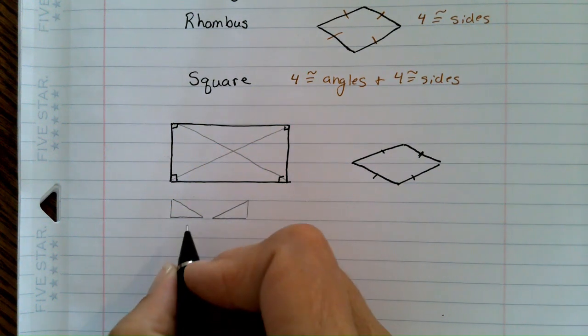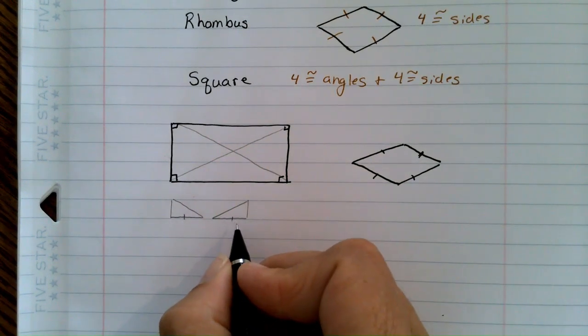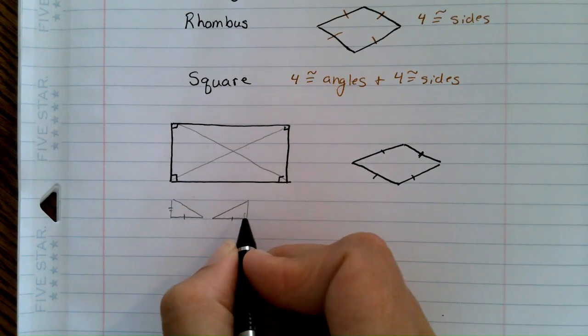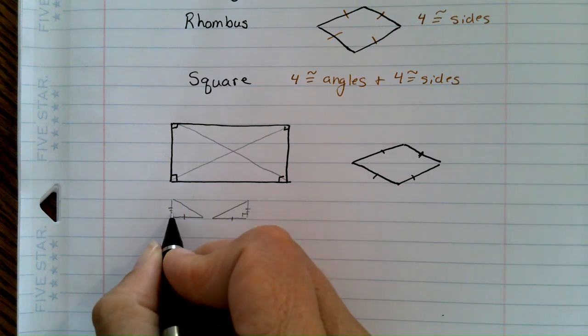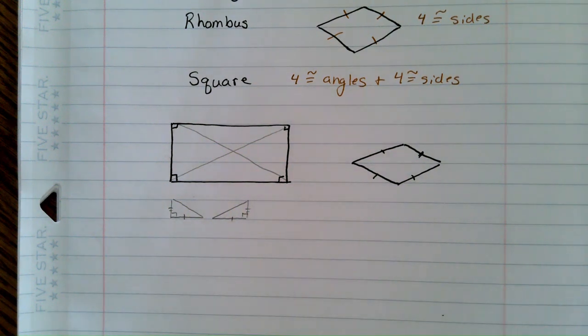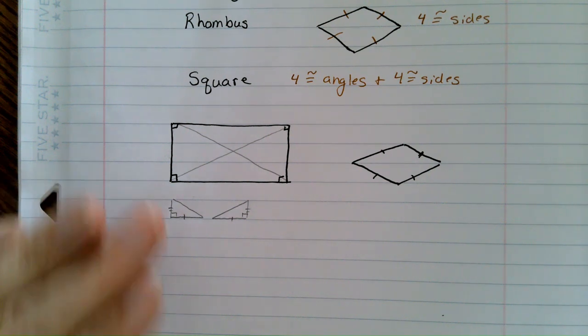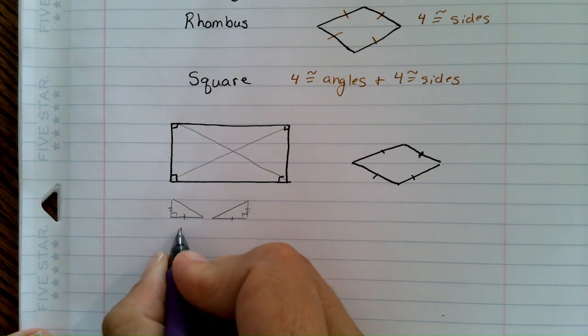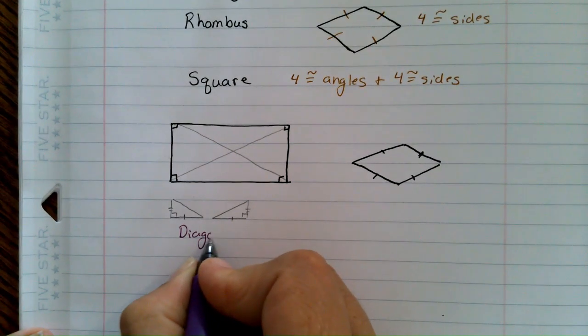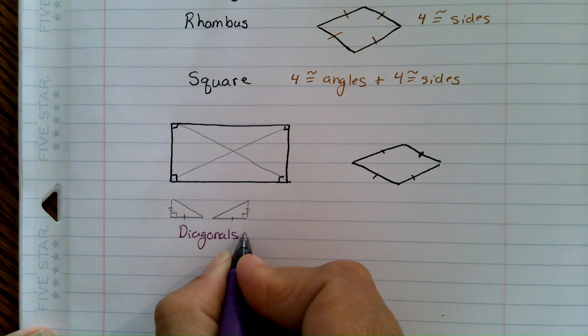So I drew the bottom both times. So the bottom matches the bottom, and we know the left and the right are congruent. We know we have 90-degree angles, so by side angle side, aren't these congruent? Absolutely. So in a rectangle, your diagonals are congruent.